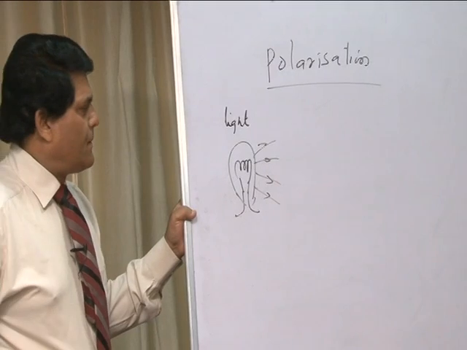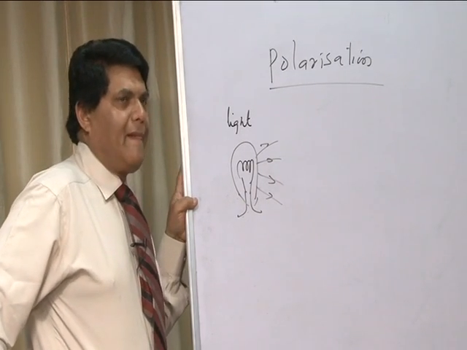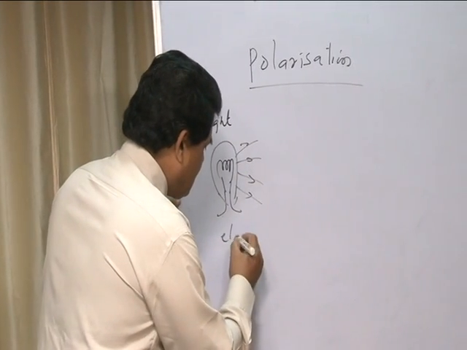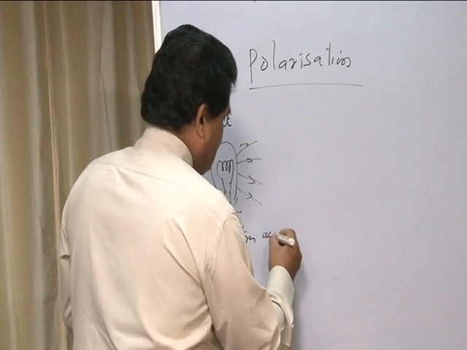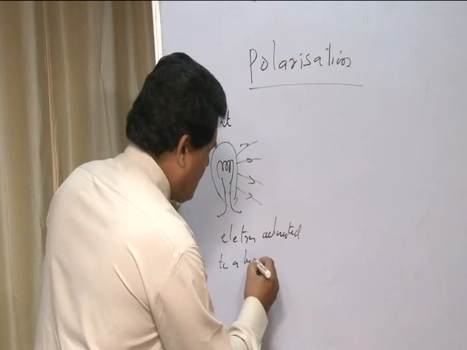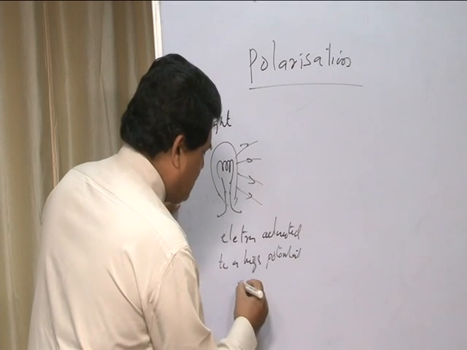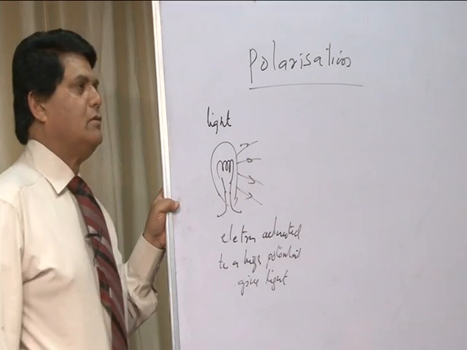Now here is again, how is the light obtained from the bulb? Actually what happens, there are electrons inside, and these electrons will be accelerated to a high potential, and that will give light.